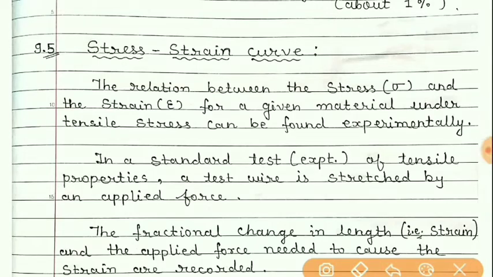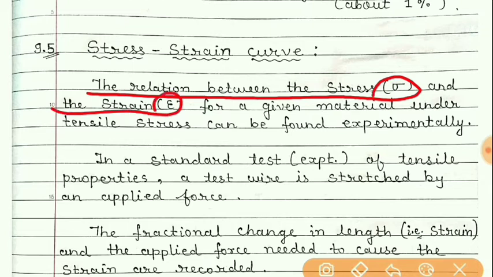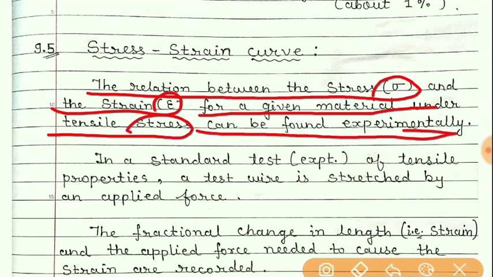So now students, the relation between the stress and the strain for a given material under tensile stress can be found experimentally. Tensile means the stress which leads to a change in the length of the material, either increase or decrease. So length changes when this type of stress is produced.